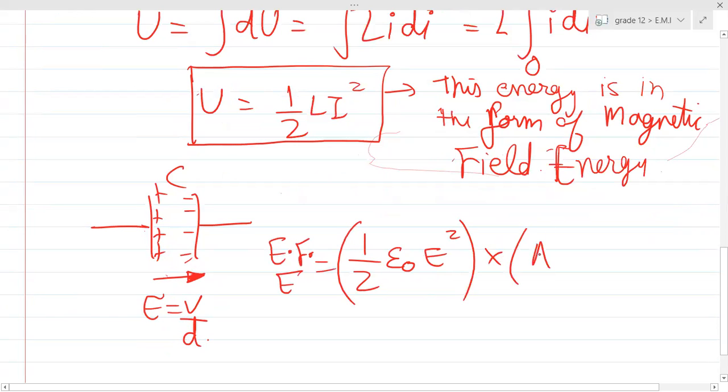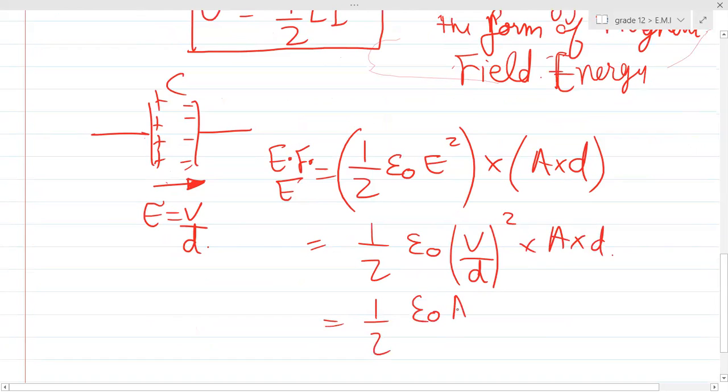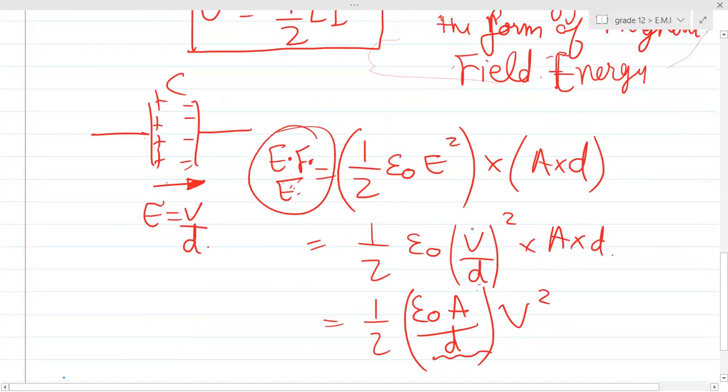What is the volume? Area multiplied by D. We already discussed this in electrostatics. So half epsilon naught A, can you see this will be D square and this will be D. So it is V square over D, and what is this? C. So can you see the electric field energy inside is equal to the potential energy stored inside the capacitor. Same way.